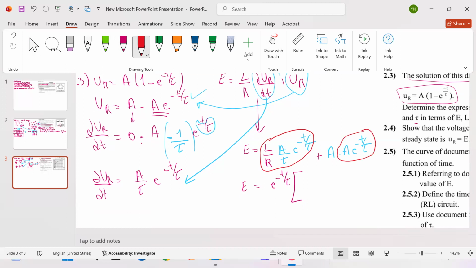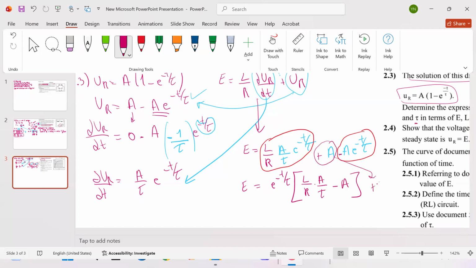So I took their exponentials and I will leave only the terms next to the exponential, which is L over R times A over tau, plus, no, it's not plus, it's minus A, and I close. Now you ask me, we still have A in the middle, what do I do with it?